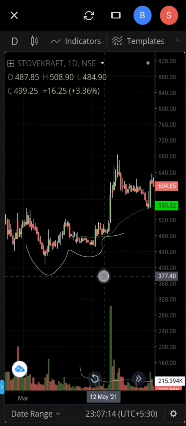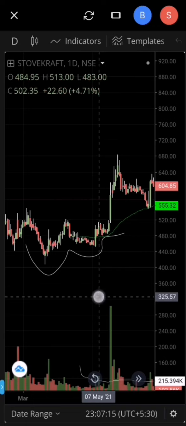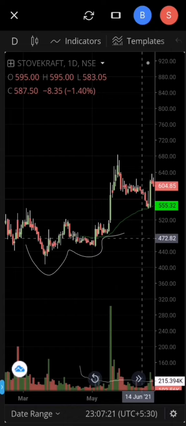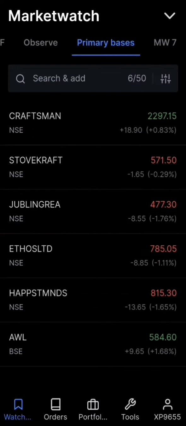So in this case, the latest swing low was around 475, so we would keep our stop 1 or 2 points below that 475 level. Okay, so this is one example that had happened.